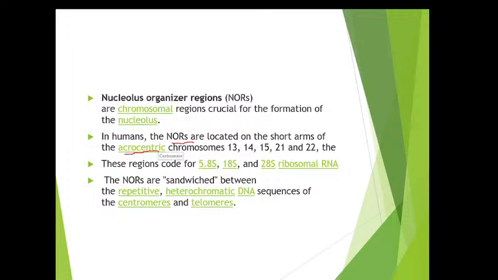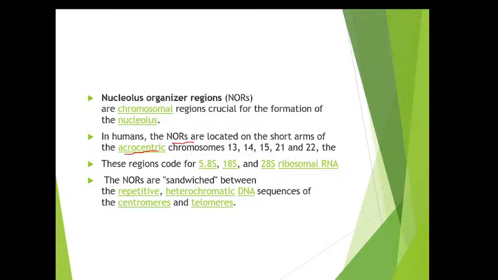We'll see what an acrocentric chromosome is. They are the acrocentric chromosomes like chromosomes 13, 14, 15, 21 and 22. These are the chromosomes in which the NORs, or nucleolar organizer regions, are located.